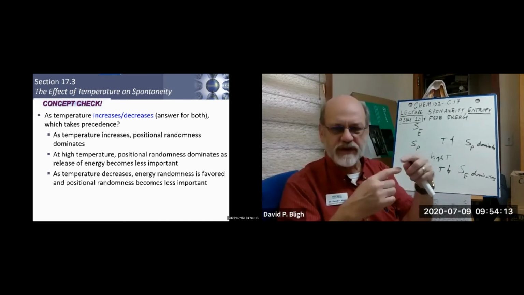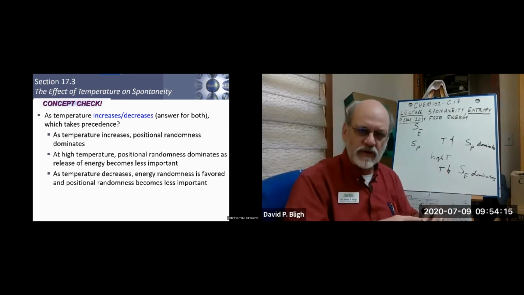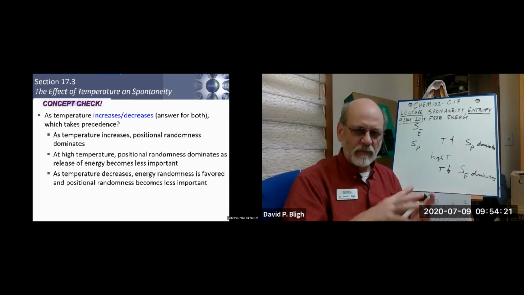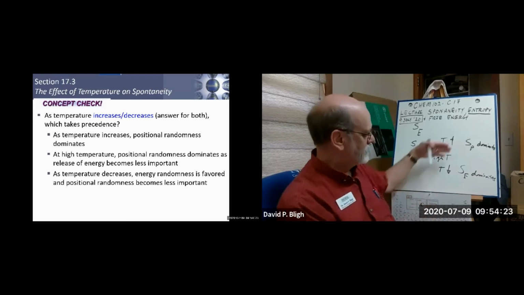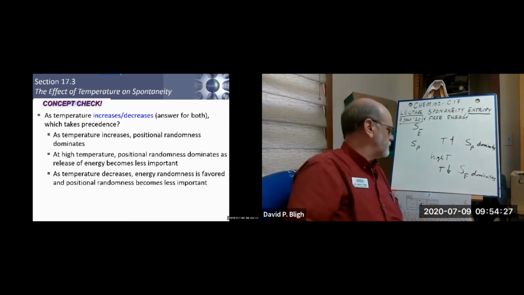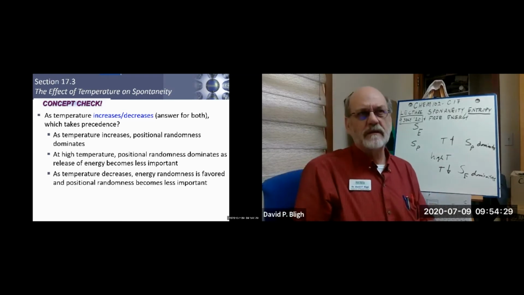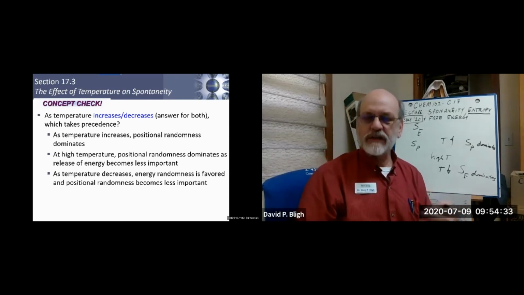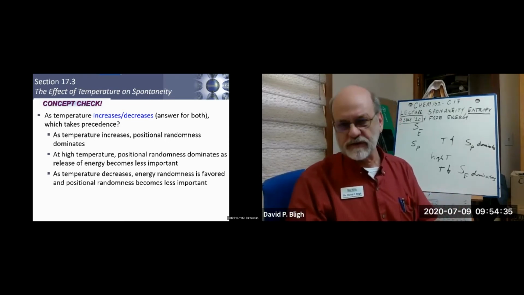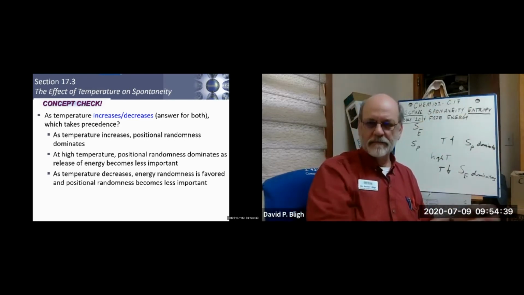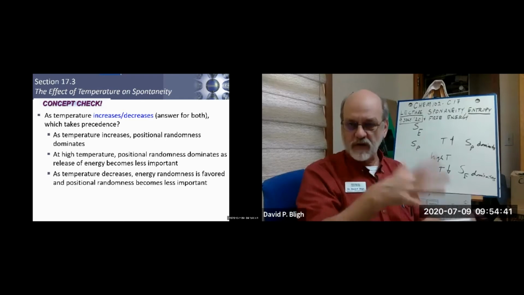Like 1 degree centigrade at very low temperature has a marked influence on the entropy of the system, much more so than it does at high temperature. I don't know if I explained that very well. Example: as you decrease the temperature, what happens to your substance? Well, it goes through gas, liquid, solid. So overall entropy is decreasing.